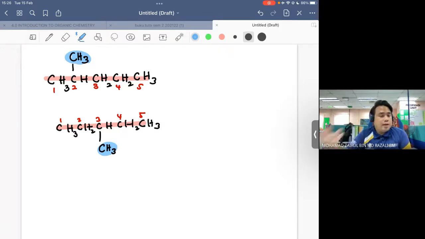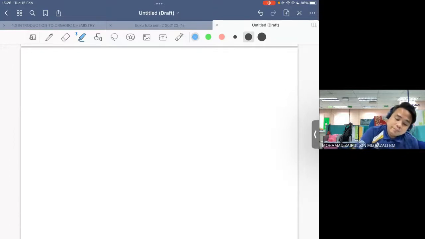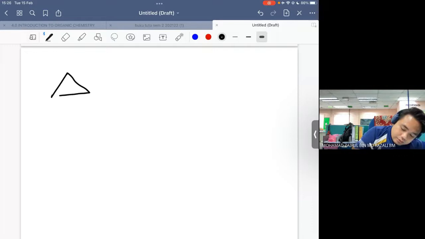Okay, so kalau cyclic compound pula, cyclic compound pun boleh ada positional isomer. Kalau kita tengok sini, yang ni saya buat skeletal je lah. Okay, sekarang ni parent kita ada 3 carbon.